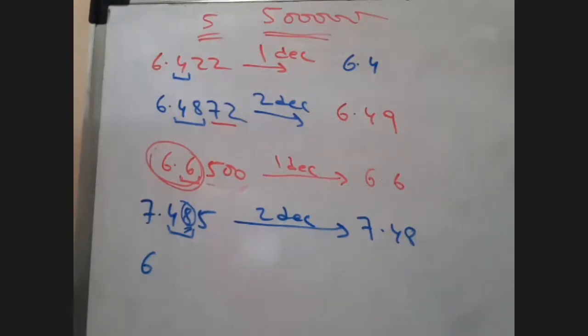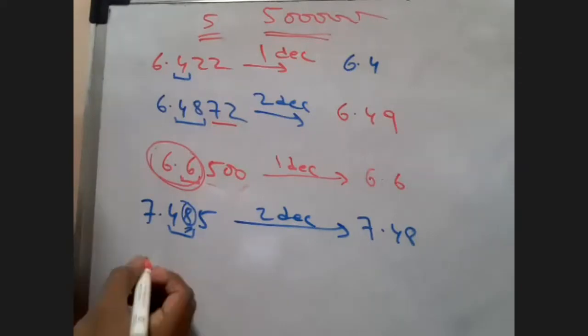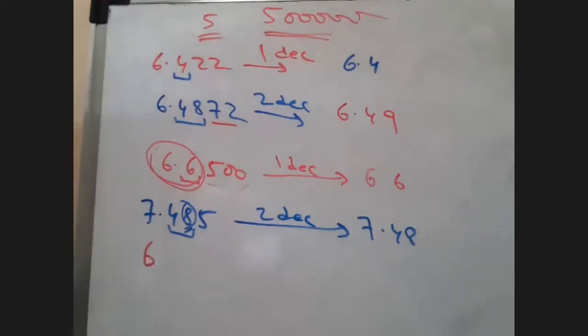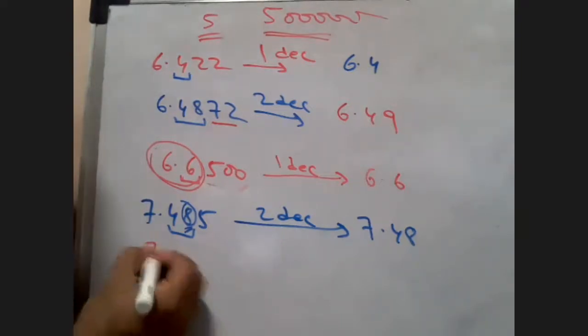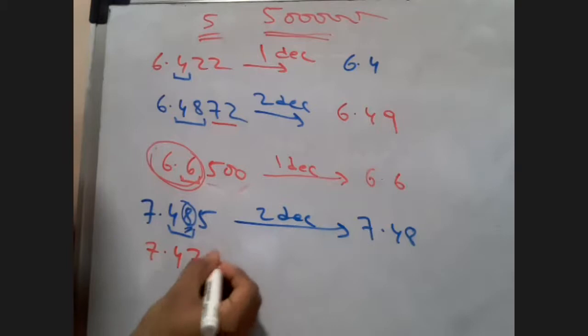Yes. So if the last digit is more than 5, like 6 or 7, we can round it off. Sir, if the example was 7.475, then also it will be 7.47? No. How come? See here, 7.475.